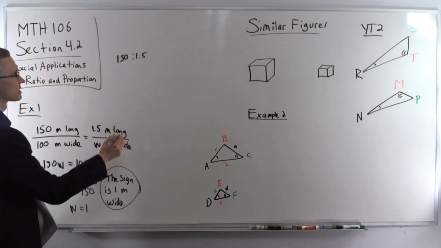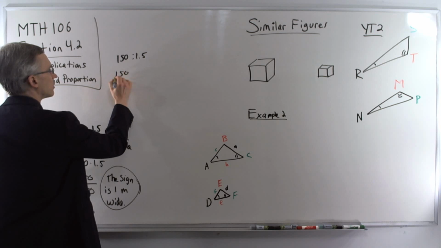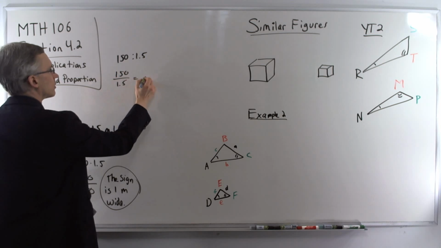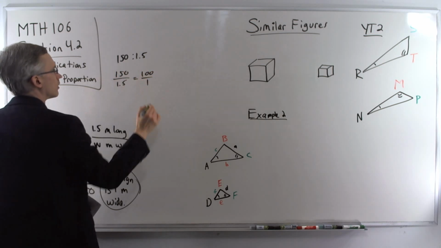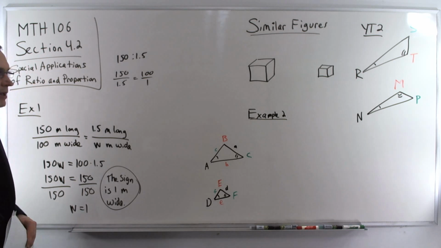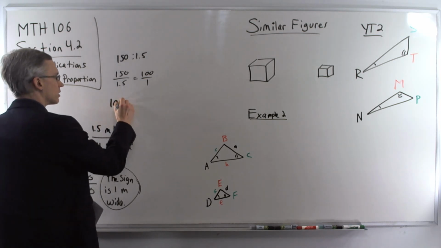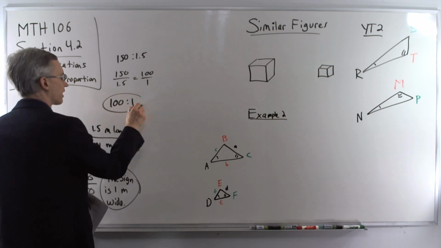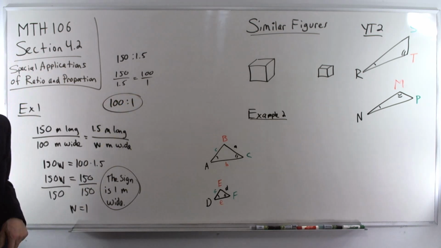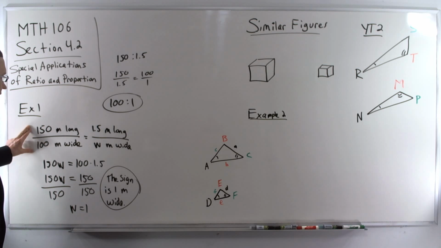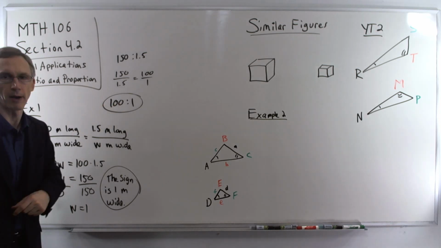And if we reduce this, so we have a denominator 1, you can do it like that. The scale factor is 100 to 1. Right? The actual area is 100 times bigger than the map.